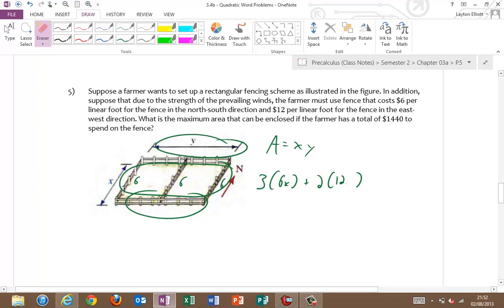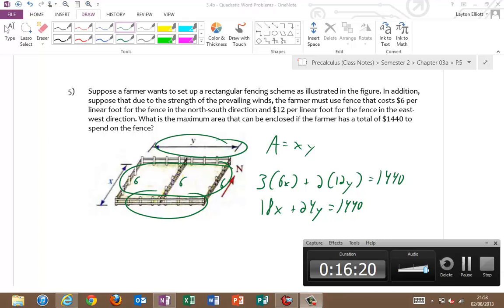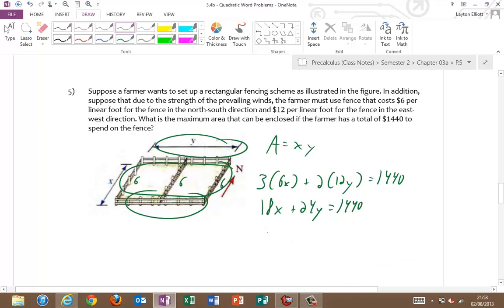Sorry, that should be a y. 12y equals 1,440. So if I solve that for y, this would be 18x plus 24y is equal to 1,440. I believe I can divide through by a 6 and get 3x plus 8y is equal to 240.